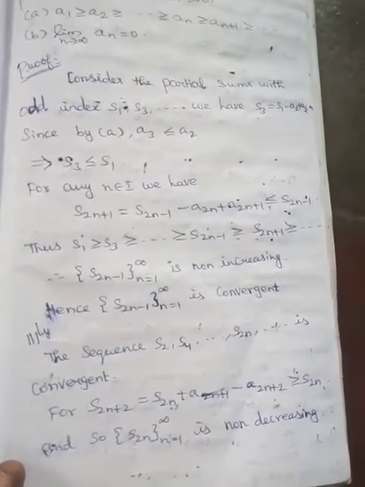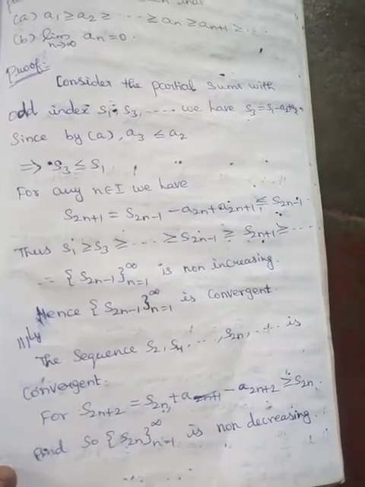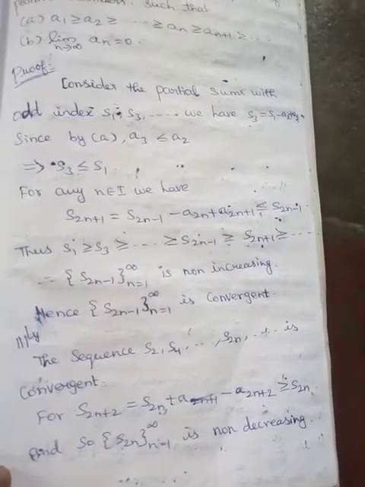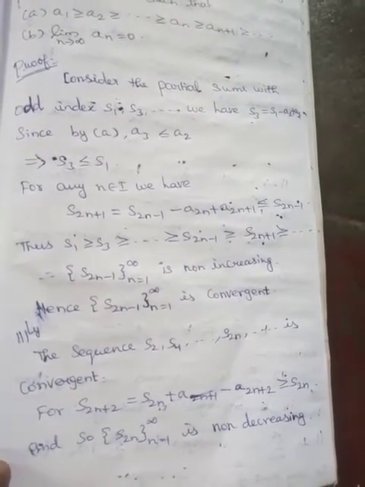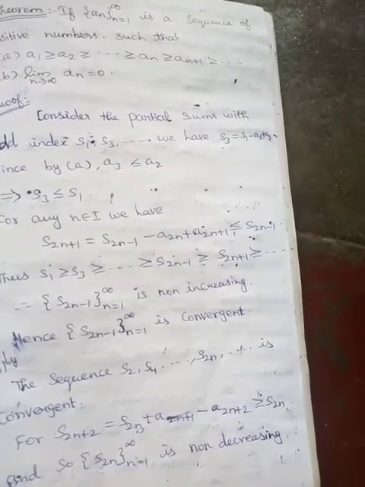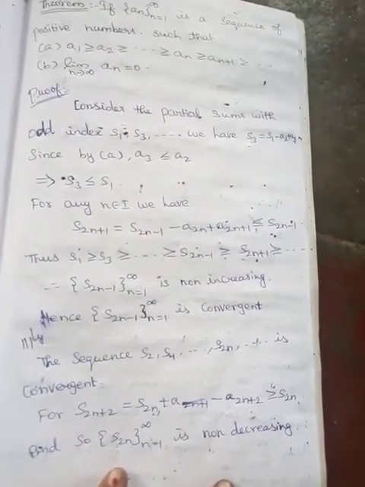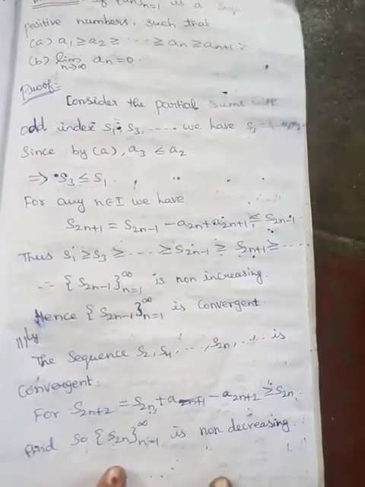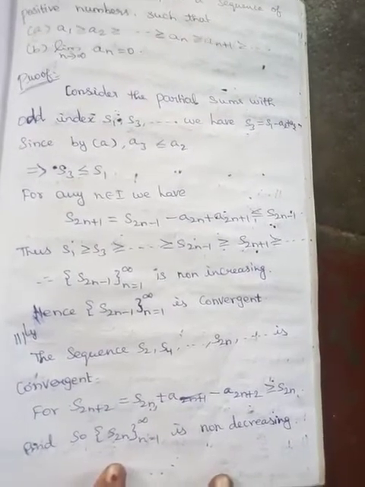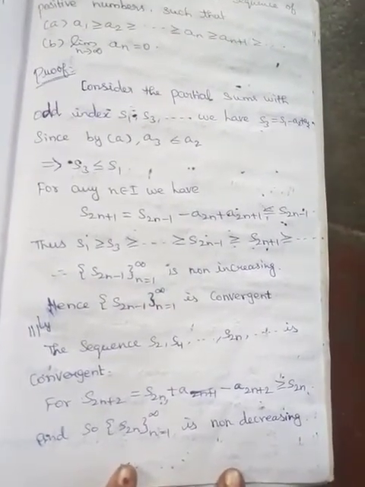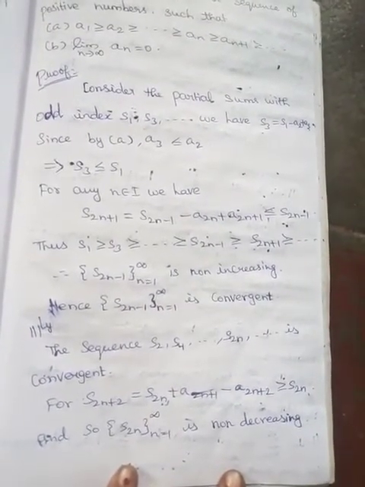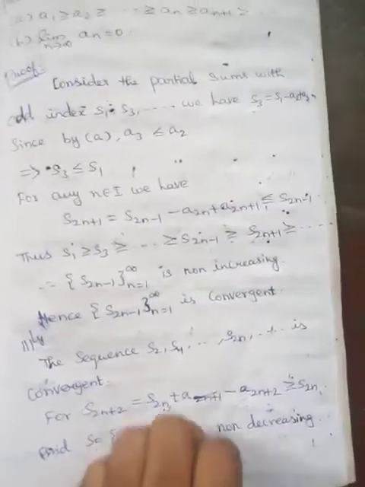Hence {s2n-1} is convergent. Similarly, for the sequence s2, s4, etc., {s2n} is convergent. For s2n+2 equal to s2n plus a2n+1 minus a2n+2, which is greater than or equal to s2n, and so {s2n} is non-decreasing.